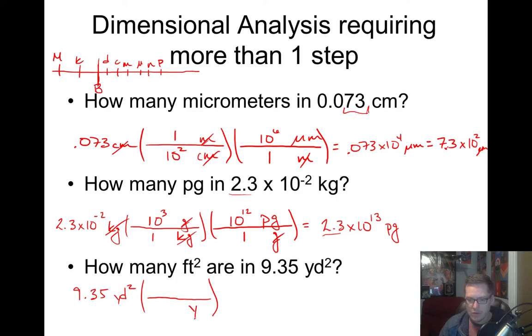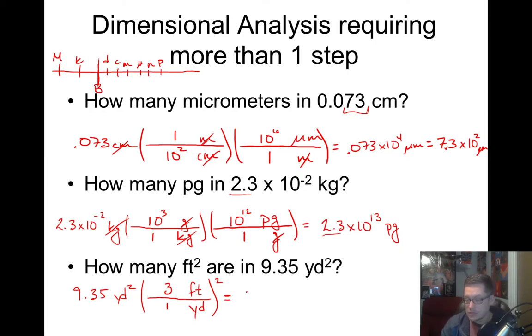We know that we can convert yards to feet very easily. There's 3 feet for every 1 yard. But this is squared, so we're just going to square this whole thing. So this would be 9.35 times 9. I can't do that one in my head very easily.